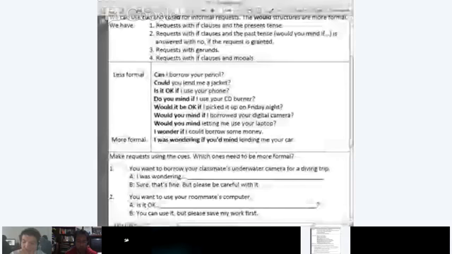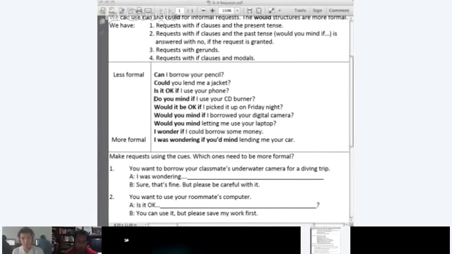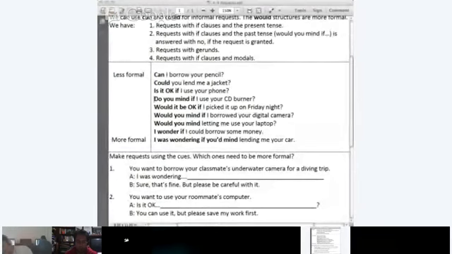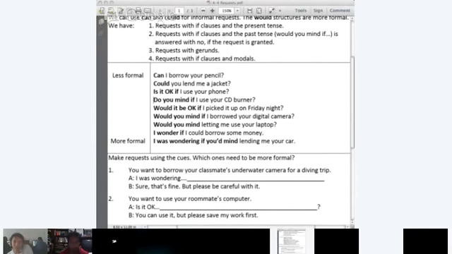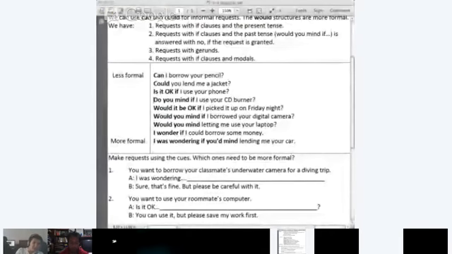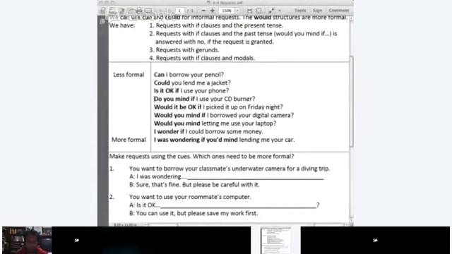Do you mind if I use your CD burner? Would it be okay if I picked it up on Friday night? Would you mind if I borrow your digital camera? Would you mind letting me use your laptop? I wonder if I could borrow some money. I was wondering if you would mind lending me your car.